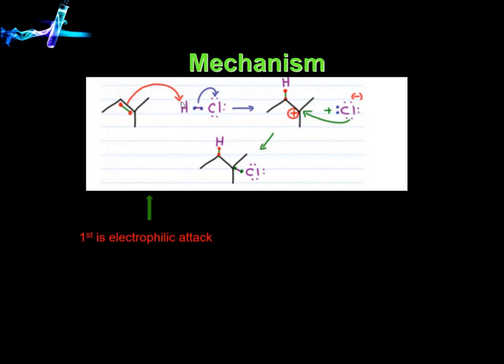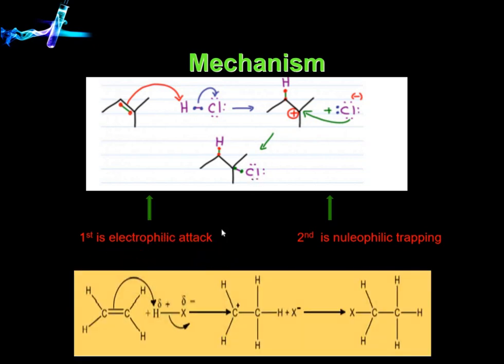You can see the electrophile, the electron loving species, that is the proton, was attached with the carbon atom which was holding the double bond. And the second part is the nucleophilic trapping. This is a nucleophile which is in search of a nucleus, in search of positive charge, that is being provided to it by the carbon atom. So chlorine will be attached in this way.